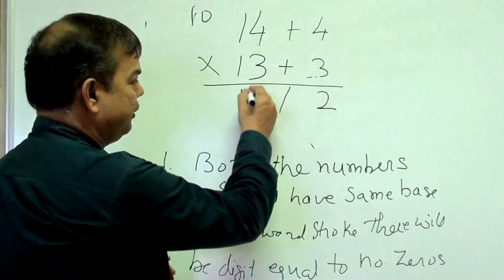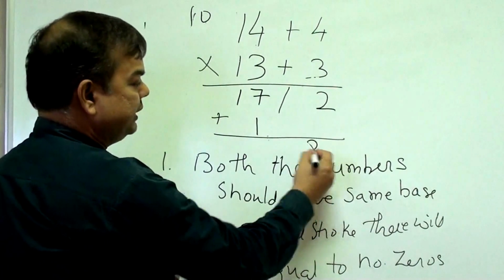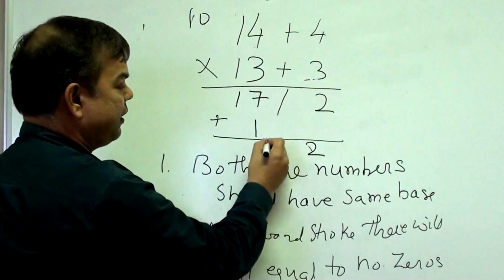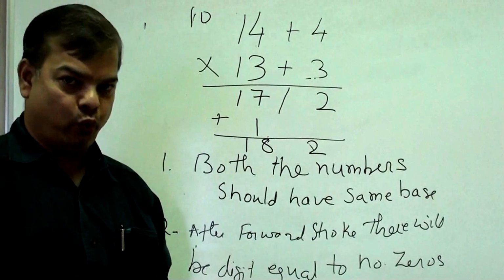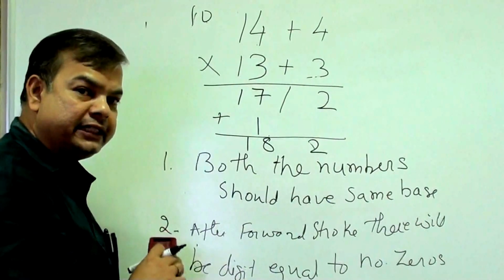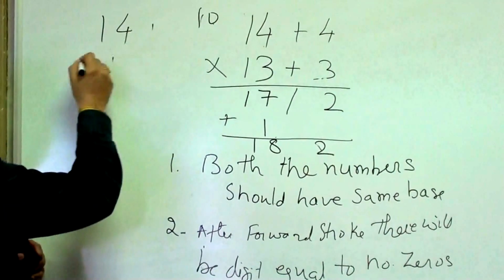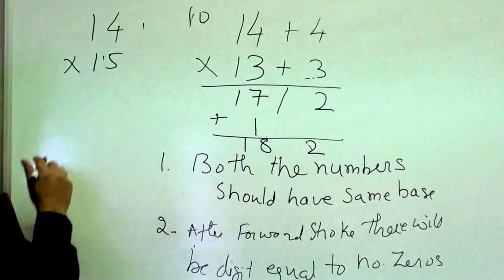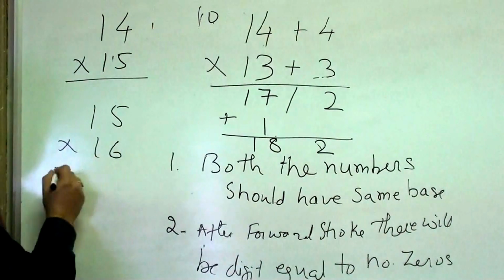We will write here and then you add it. So 2 as it is, 1 plus 7 is 8, and 1 as it is. So answer is 182. I hope you have understood this, and it will be easy for you to solve 14 with 15, 15 with 16, and like that.